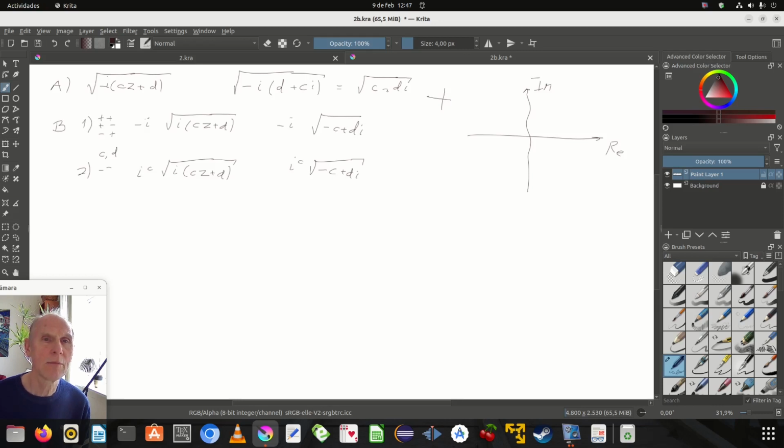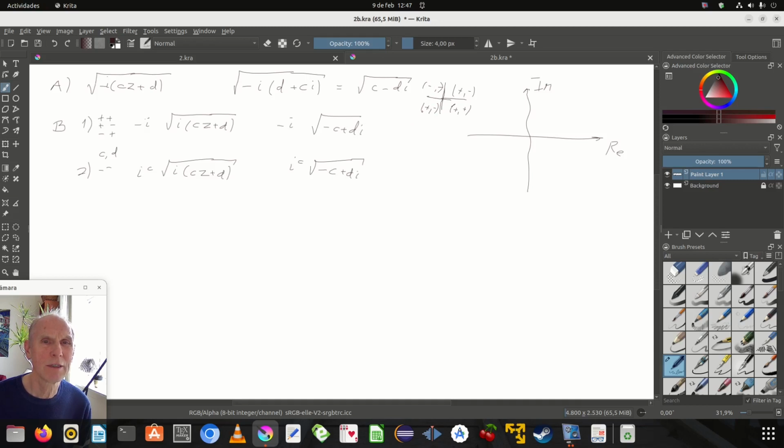So it's c minus di. So this is the complex plane, and if c is positive and d positive, then we are down here. So this is plus plus, plus minus, minus minus, plus.